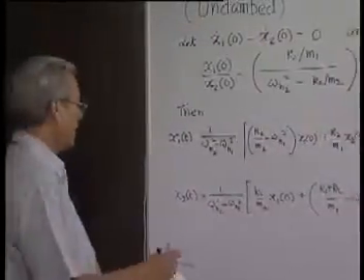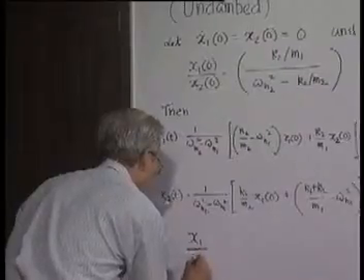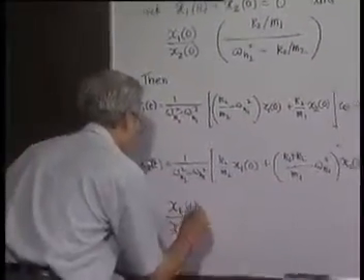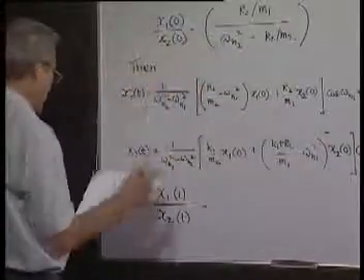so both x1 and x2 are simple harmonic functions of time with frequency omega n1. That means it is a natural mode oscillation.